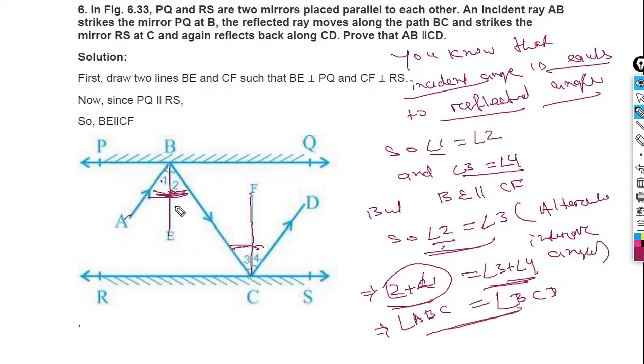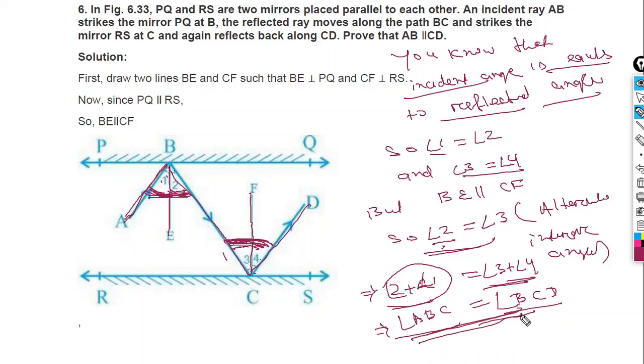Angle ABC equals angle BCD, but what type of angles are these? They are alternate interior angles. Why? If AB and CD are two lines and BC is the transversal, then angle ABC and angle BCD are alternate interior angles, and here these two angles are equal. As alternate interior angles are equal, the two lines will be parallel.